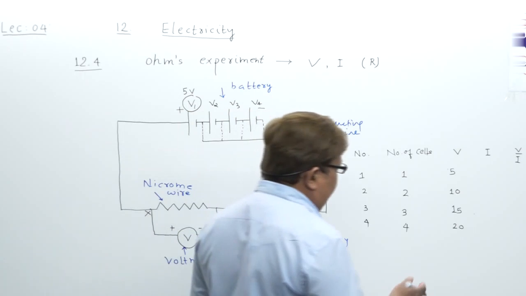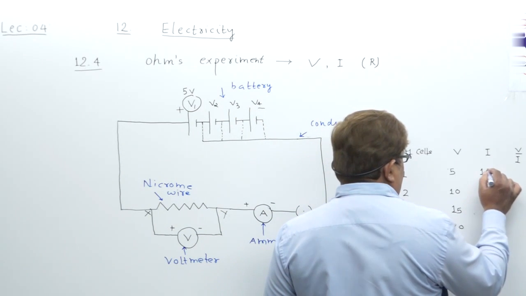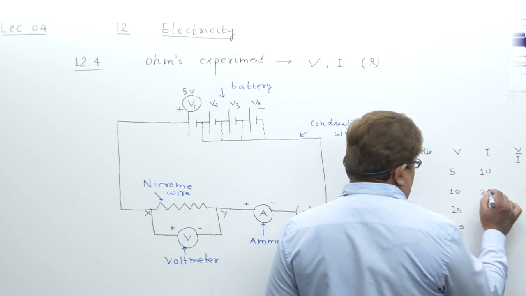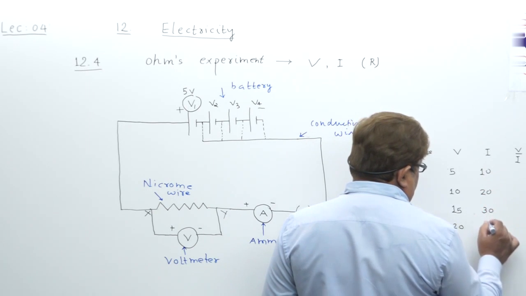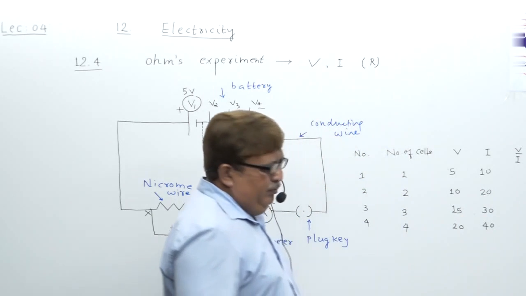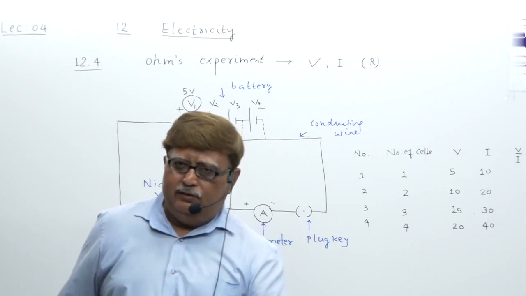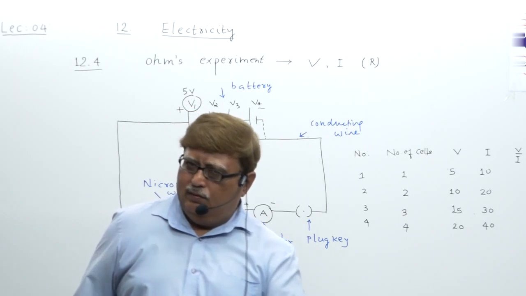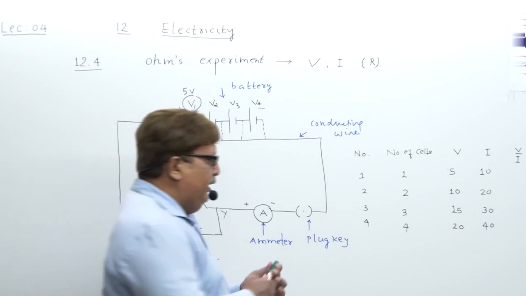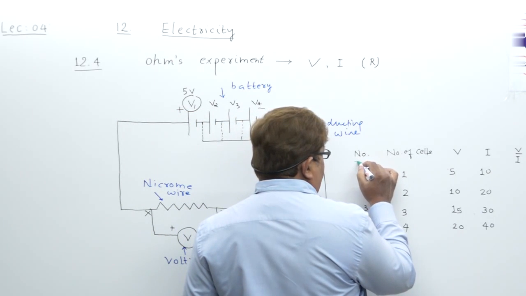Suppose just for our understanding, I write here 10, then I write 20, then I write 30, 40. Actually, such observations can't be obtained simply in the laboratory, understand, but this is for our assumption and understanding, right, that we have connected cells in this way.